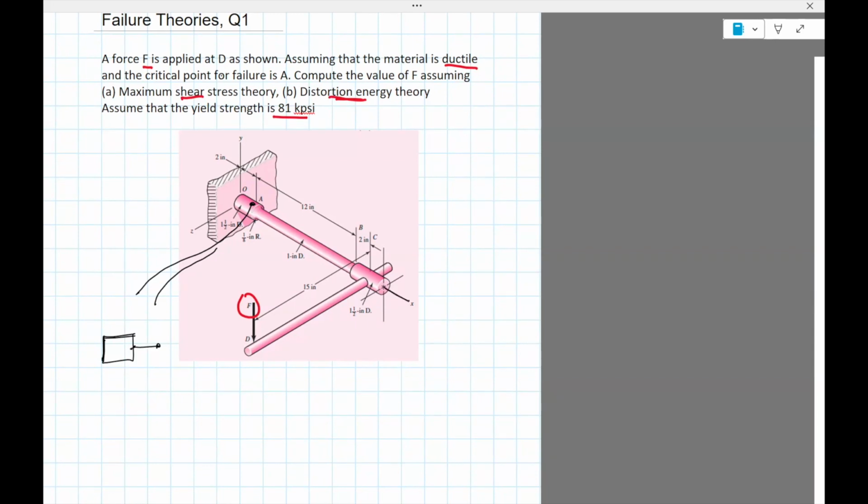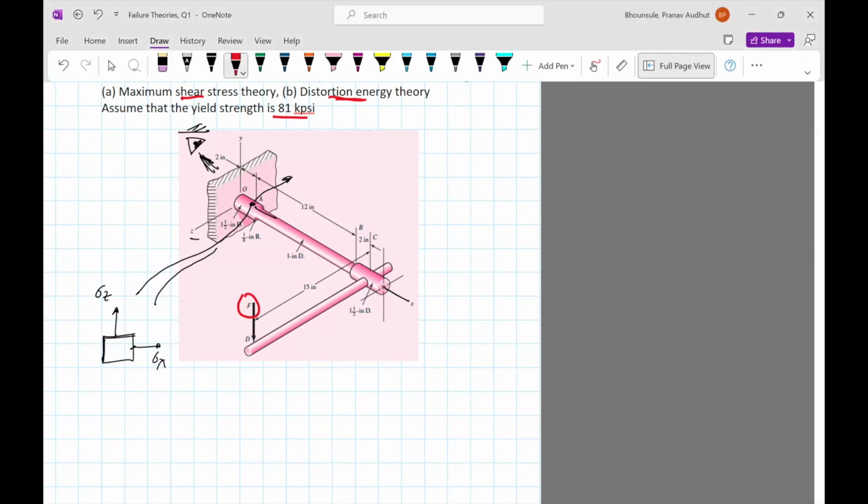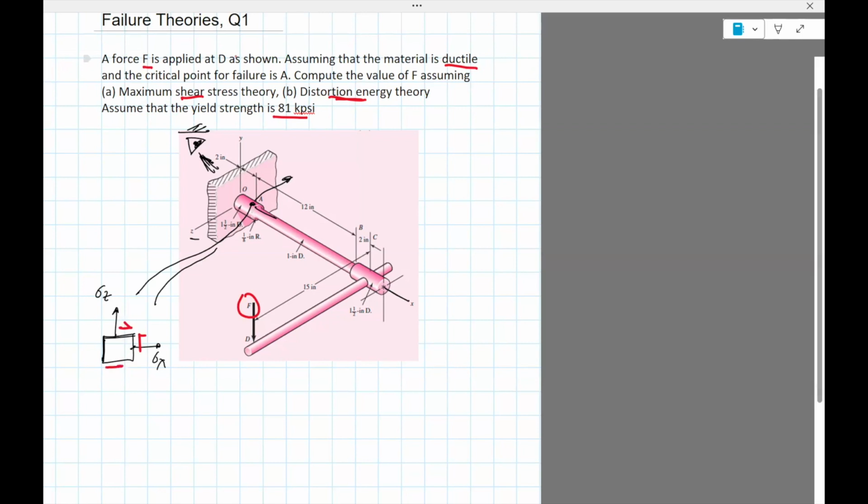So I'm viewing this element from the top, right? So when I see it from the top, this axis is the x-axis. So I drew the x-axis, sigma x. This axis, the normal axis, is sigma z. And then clearly the shear stress here would be tau zx.